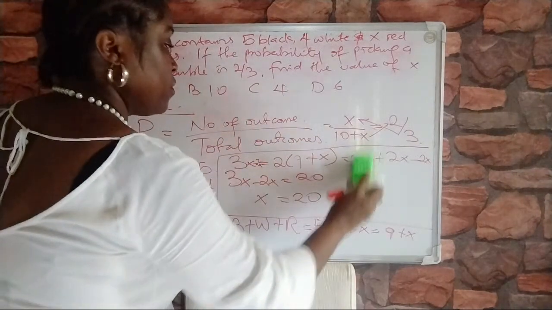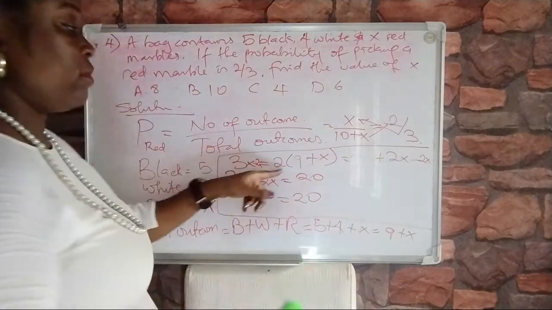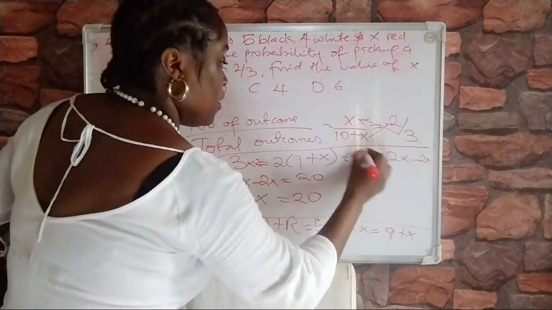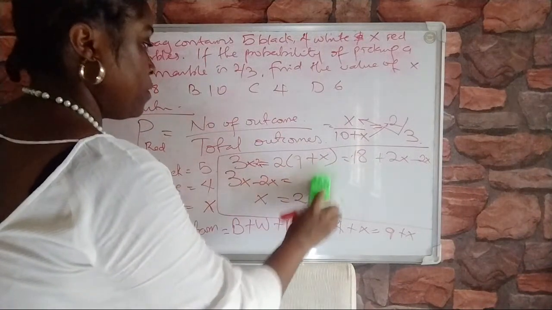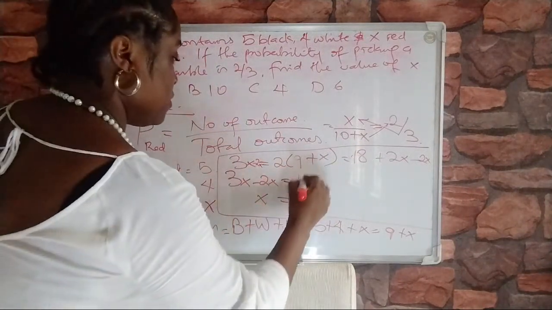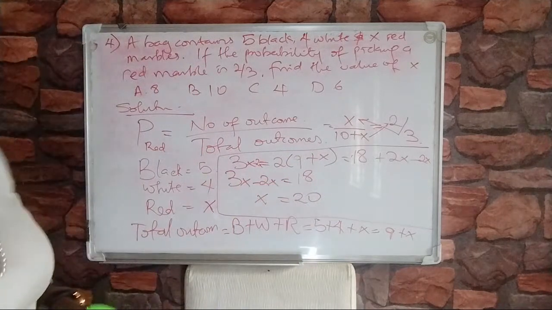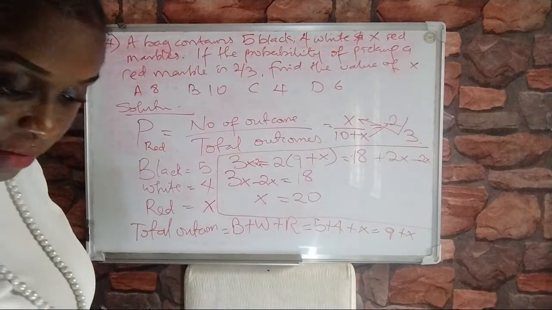So this will be 18. 2 times 9 will give us what? 18. Okay? So what do we have here?